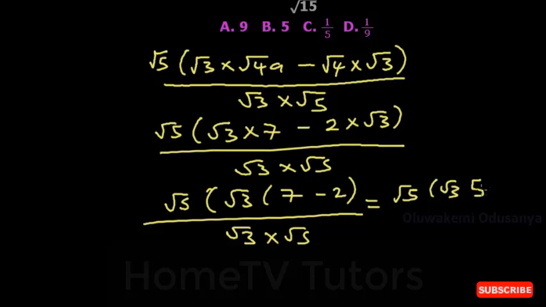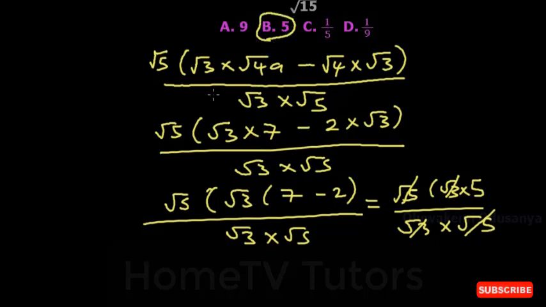Okay, then divided by square root 3 times square root 5. So I think we can now divide. Square root 5 cancels square root 5, square root 3 cancels square root 3. So we are left with 5, and that brings us to answer option B as the right answer.